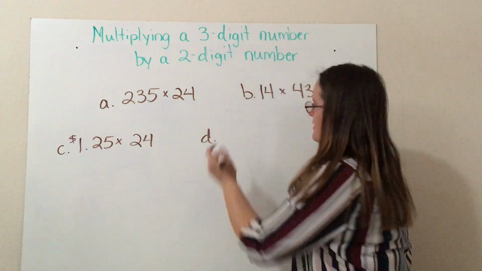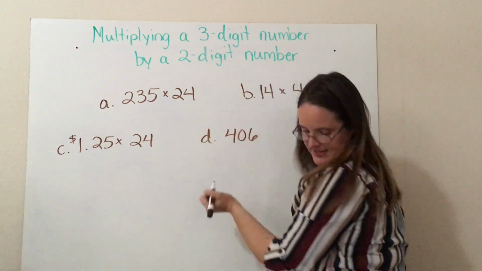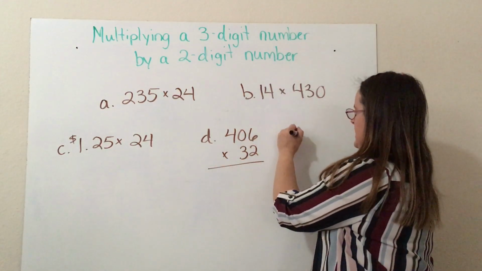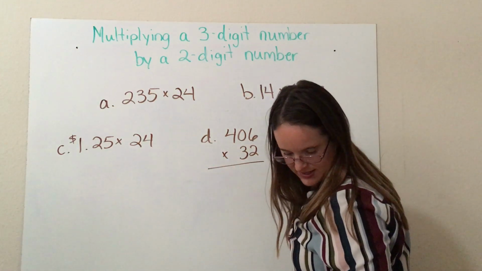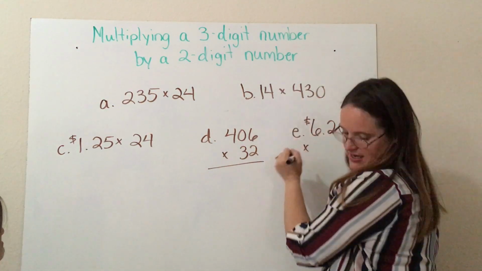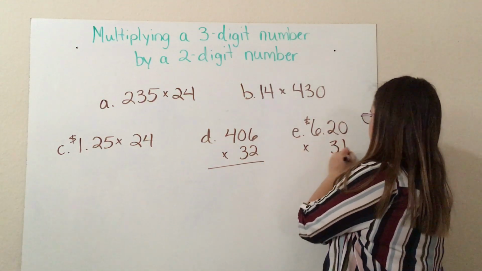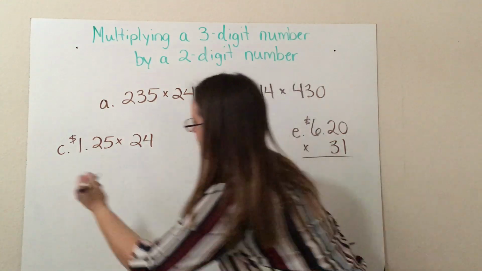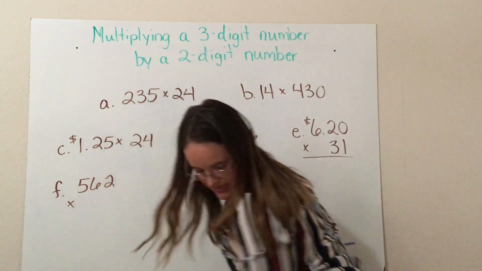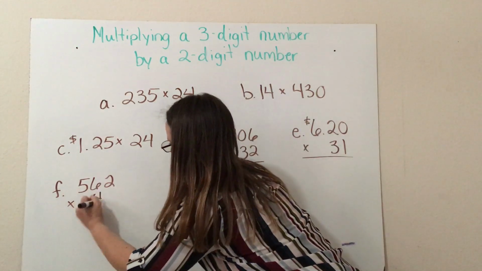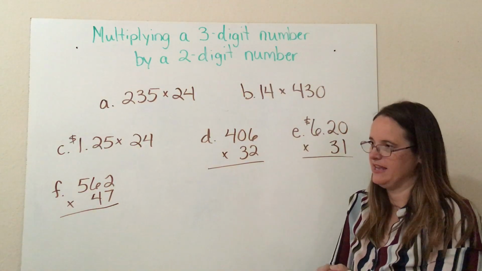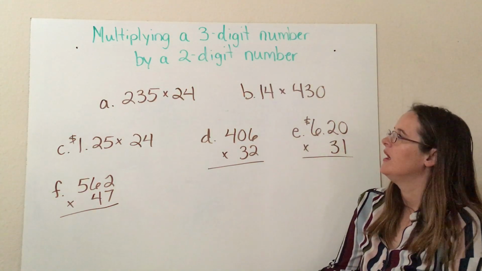D is 406 times 32. E is $6.20 times 31. And F is 562 times 47. Okay? You can try those on your own and then hit play and we'll go over them together.